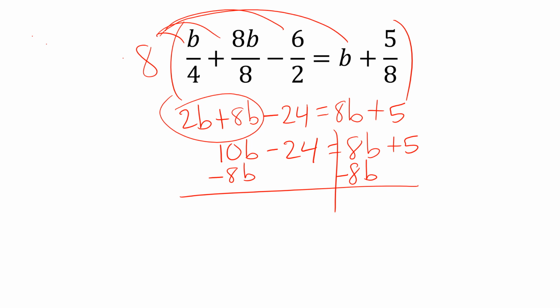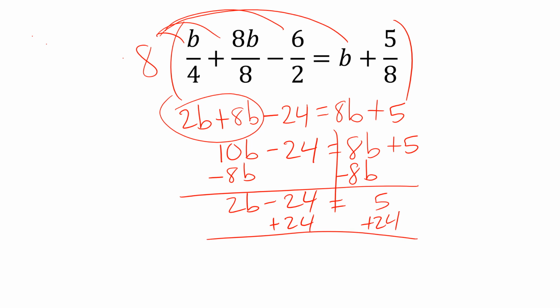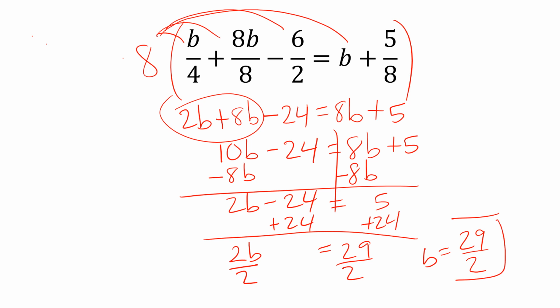And this is going to be 2b minus 24 equals 5. Add 24, and you get 2b equals 29. Divide by 2, and b is equal to 29 halves. There you go. Bada boom, bada bing.